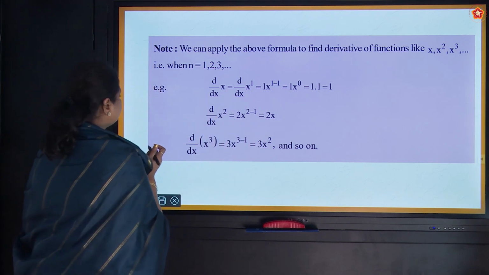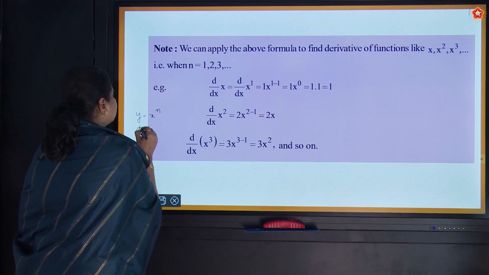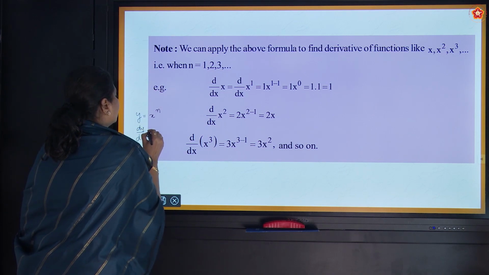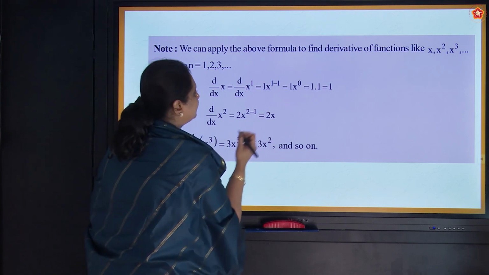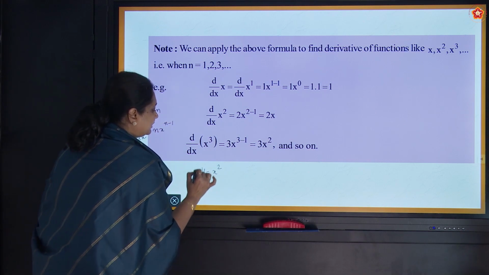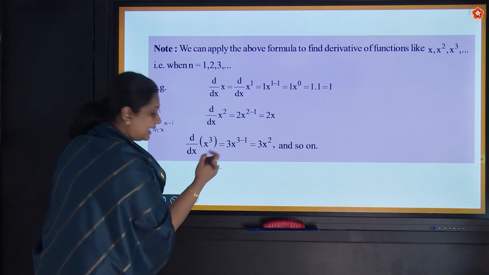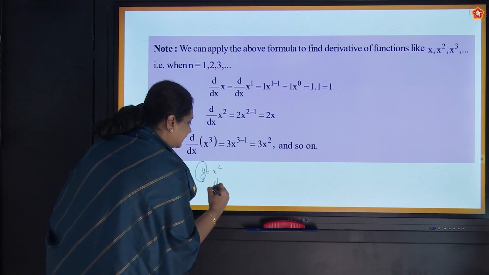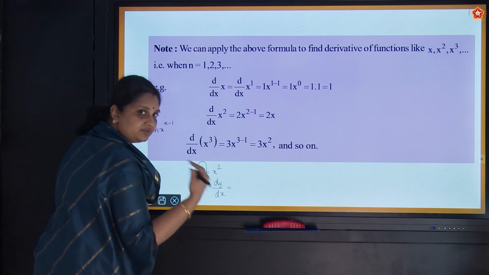Let's do the next one. So we know y is equal to x power n, dy by dx is going to be n x power n minus 1. So now let's differentiate y is equal to x square. When I differentiate y with respect to x, I get dy by dx, and I'm going to differentiate the right hand side with respect to x.